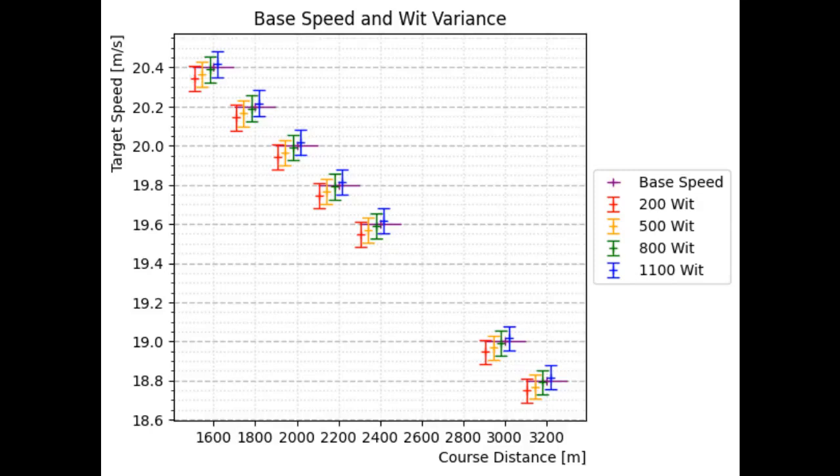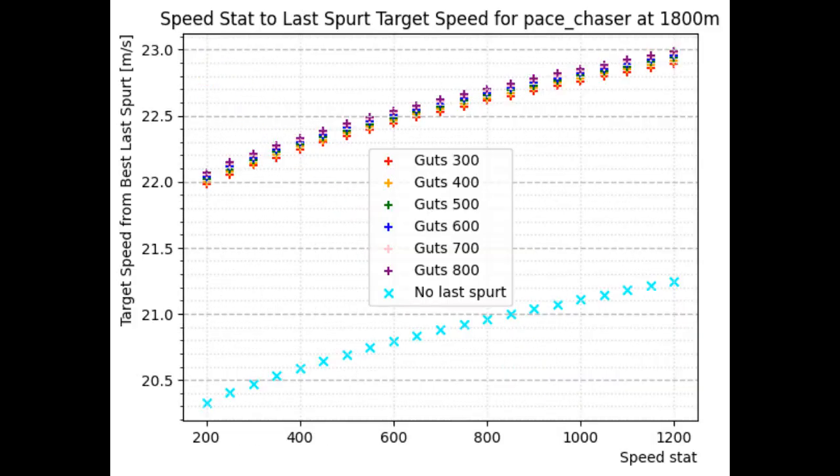So a 200 width horse will never run at the base speed, while a 1000 width horse will half the time run faster than the base speed. Unlike the speed stat, which only matters in the last 1/3 of the race, width affects target speed throughout the whole race, just not as dramatically as the speed stat when it kicks in.